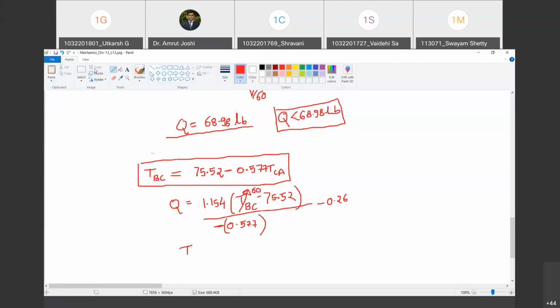So if I substitute 60 here, what is the value of Q? Tell me. 30.78 pounds, right? Okay.